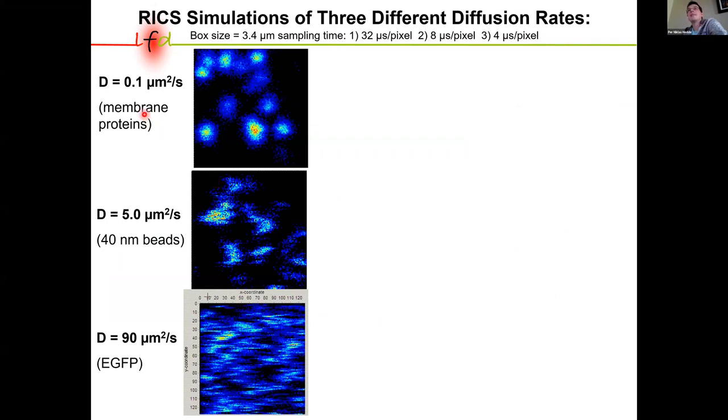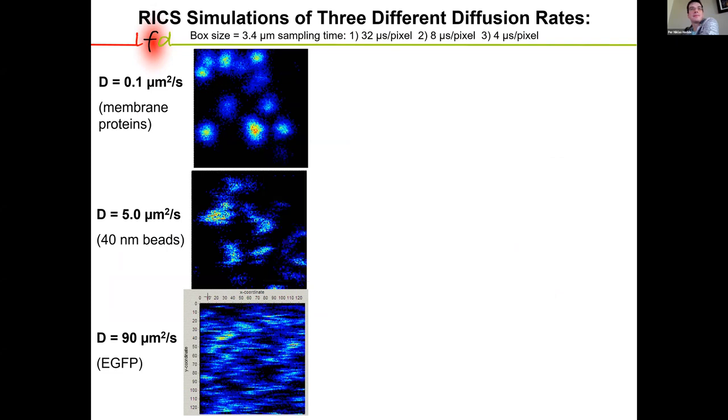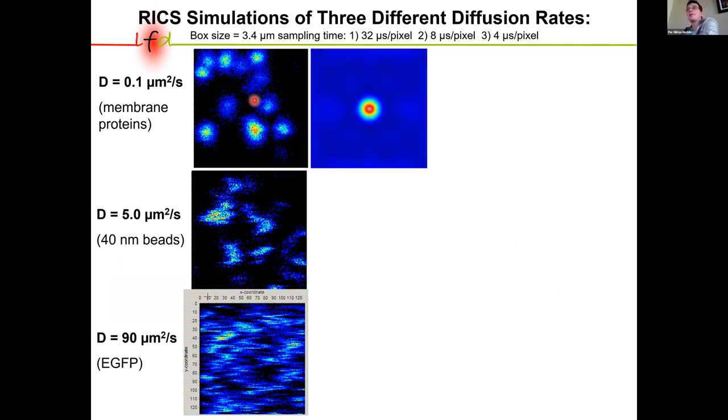So here we have some molecules, for example, membrane proteins. Okay, so here this is simulated a very slow diffusion, 0.1 micrometer squared per second, which, for example, could be membrane proteins.